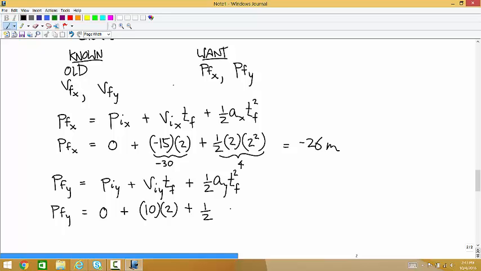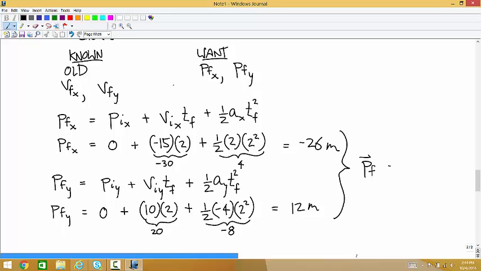Is that right? Negative 4 times 2 squared. So this one's 20. This one's negative 8. And so you get positive 12 meters. And then you can combine those into the final position vector. The x component is negative 26. The y component is positive 12.